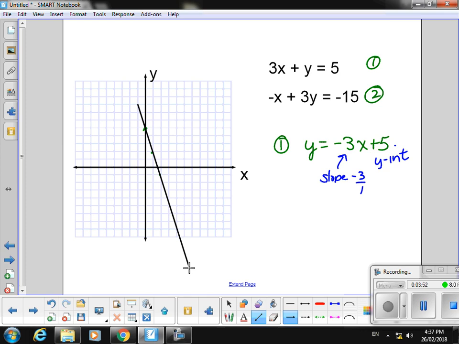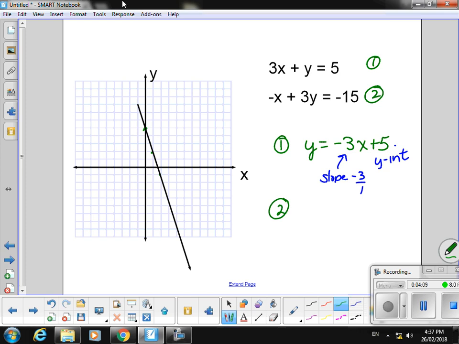Making sure I've lined that up okay. Hard to see on this thing. There we go.